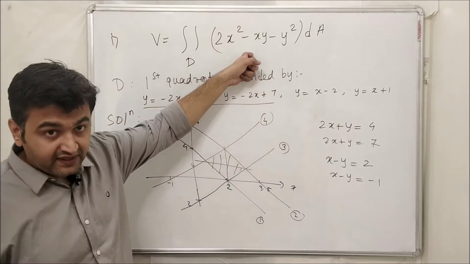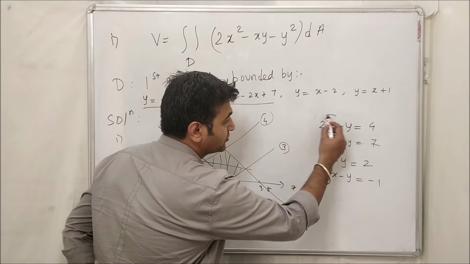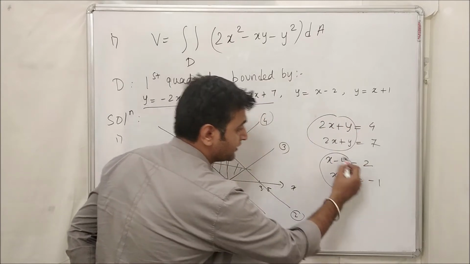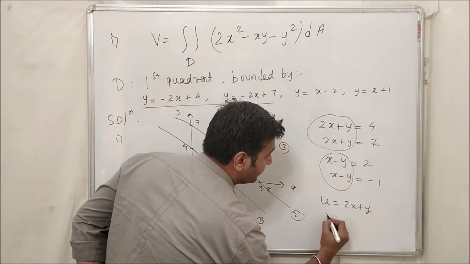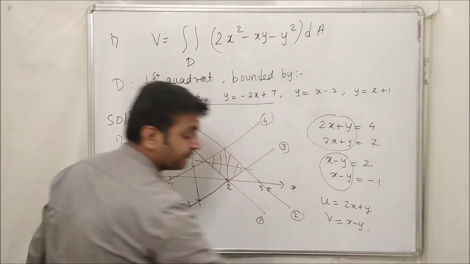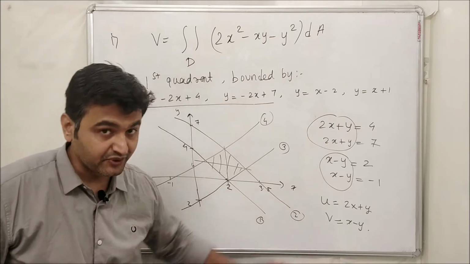So even if you cannot factorize, from the region you can see that these two terms are there. Let me call u equal to 2x plus y and v equal to x minus y. So that's how the region also helps you sometimes to find the substitution.